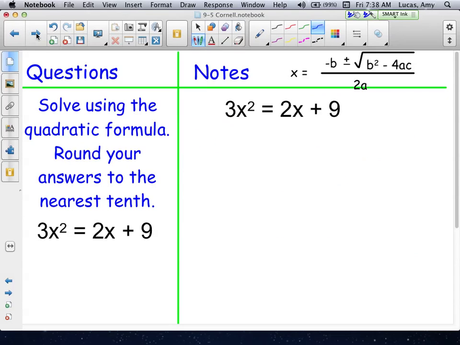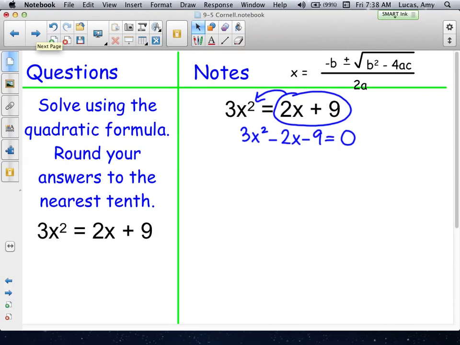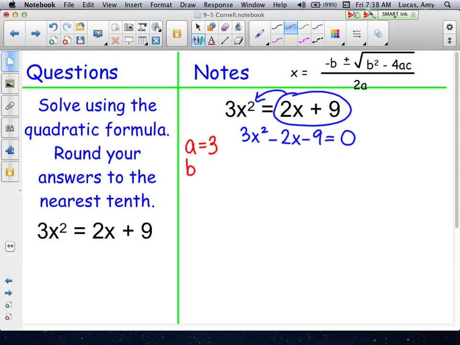Okay, the last one. On this one, I've got two terms that I need to move. So I would have to subtract each one of them because we have to have our quadratic in standard form. A equals 3 this time. B equals negative 2 and C equals negative 9.